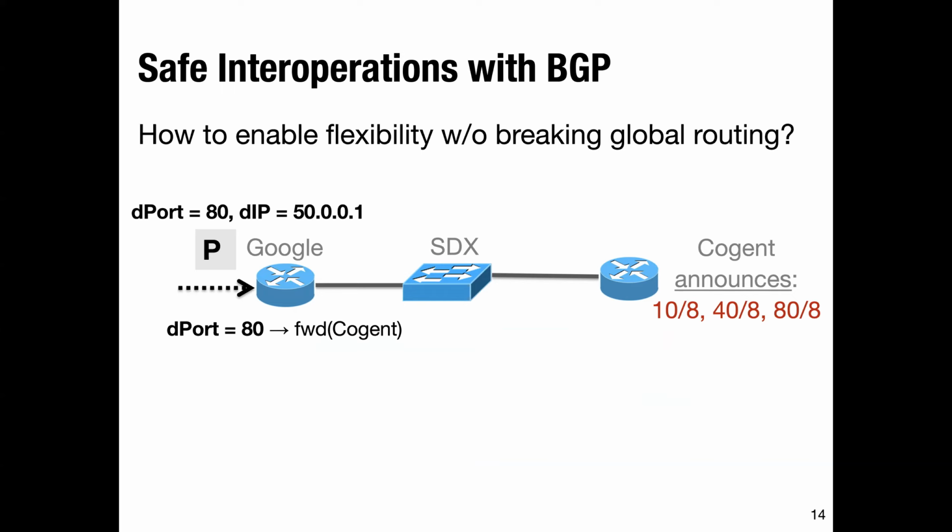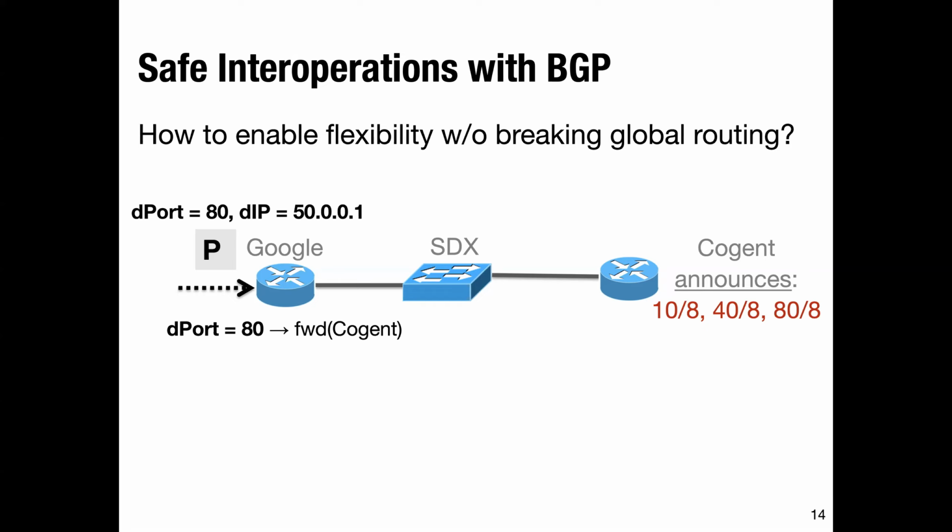As you know, Google's program says that if it matches on destination port, it will forward to Cogent, right? But as you can see, Cogent didn't advertise a prefix that belongs to 50/8, right? So Cogent actually does not know the route to an IP address in the range of 50/8, or 50.0.0.1.